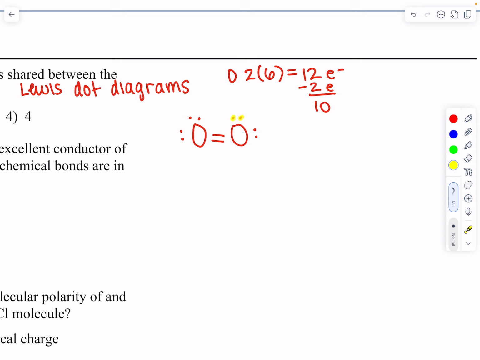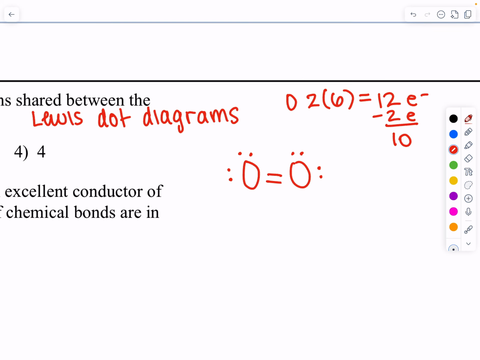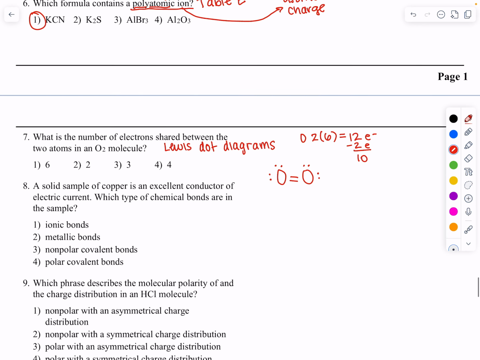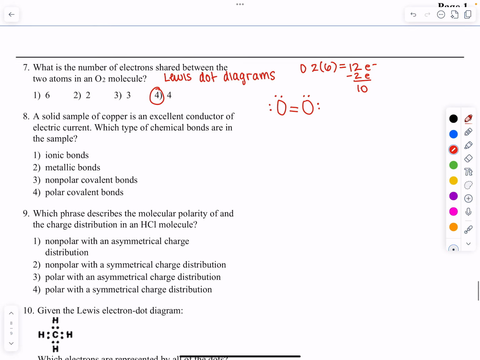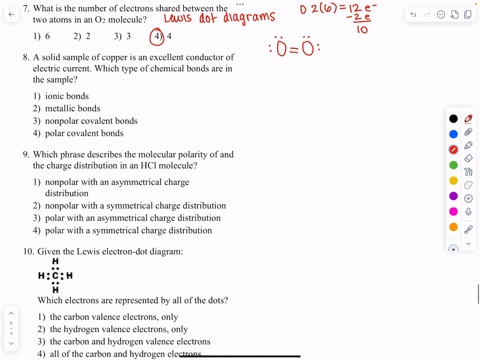Perfect. 1, 2, 3, 4, 5, 6, 7, 8. So the oxygens are all happy. Now, what is the number of electrons that are shared? Remember, these lines represent a shared pair of electrons, so each line is 2 electrons. So there are 4 electrons shared between them. That question's a lot of work for just a little bit, right?